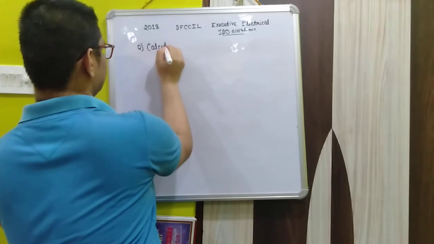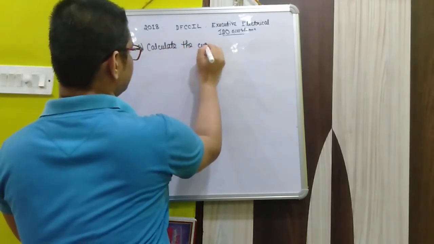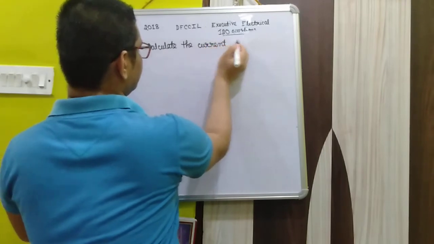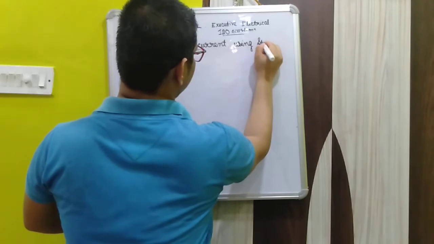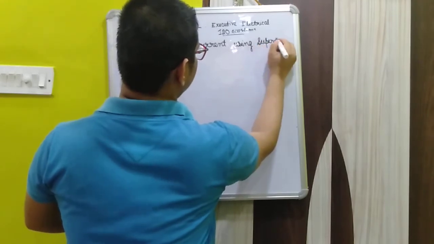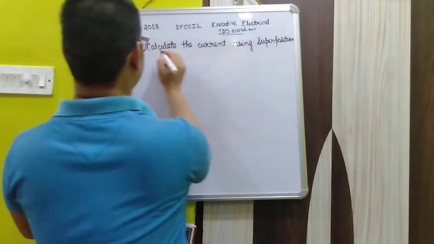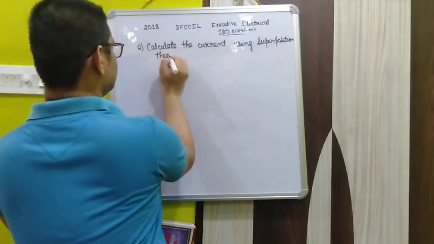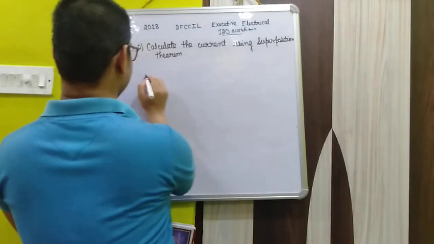Calculate the current using the superposition theorem. The circuit is given in this way. There is the circuit.